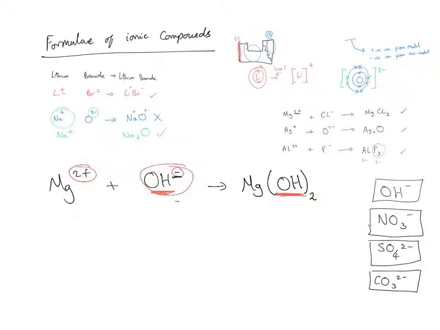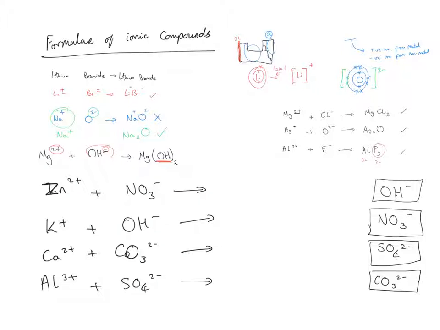I'll put some examples there for you to do, and then we'll go through the answers. Try these 4 examples and then we'll go through the answers. So, if I've got 2 positives here, I need more nitrate anions.